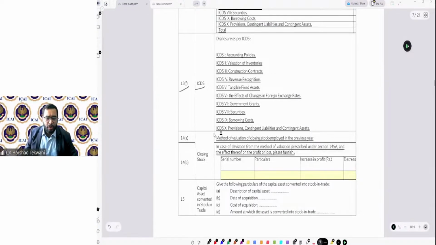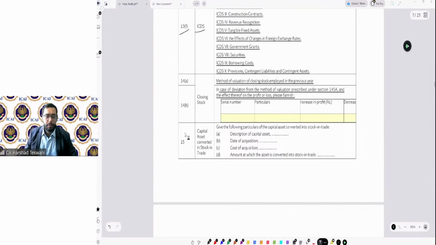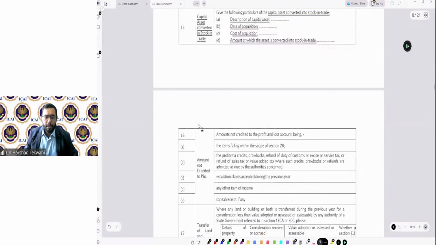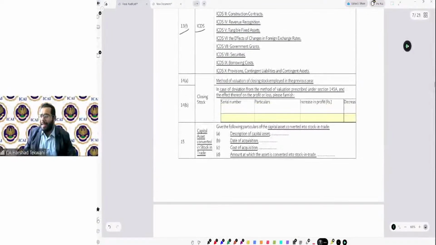Now, next clause, very important. Clause 15 talks about capital asset converted into stock in trade. If during the year any capital asset has been converted into stock in trade, you need to provide the description of that capital asset, date of acquisition, cost of acquisition, and the amount at which the asset is converted into stock in trade.